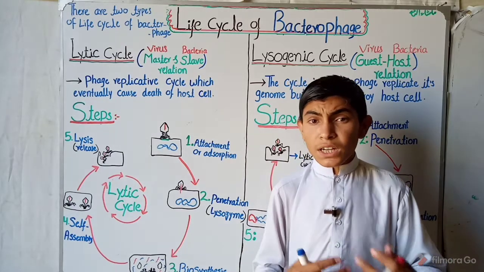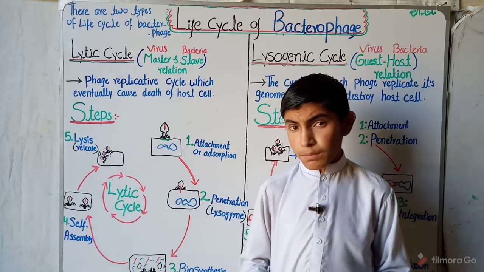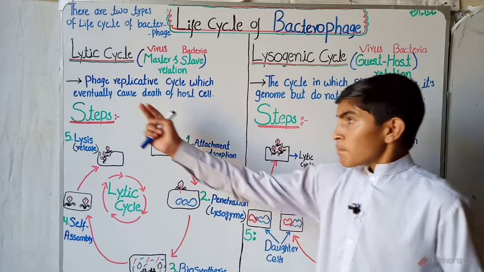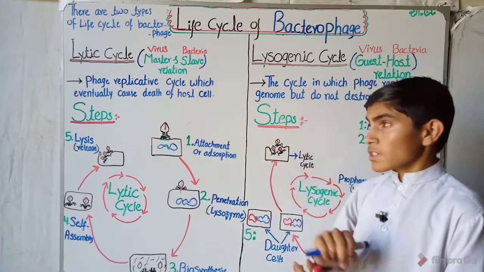The virus uses the bacteria for its benefit. So it is a phage replicative cycle, which eventually causes the death of the host cell.